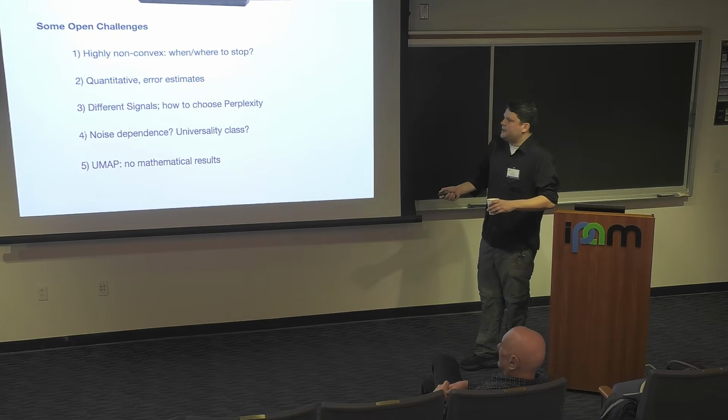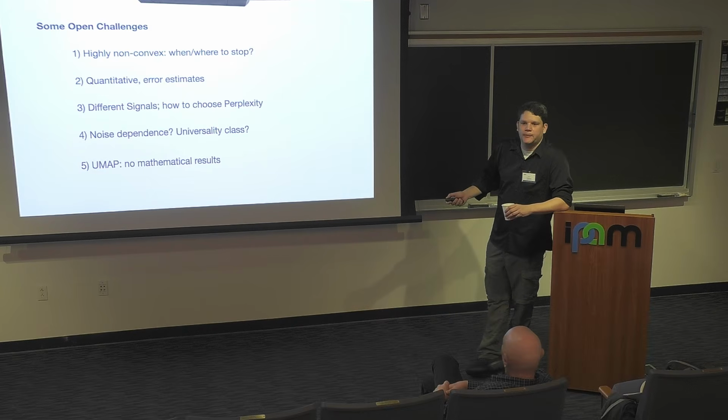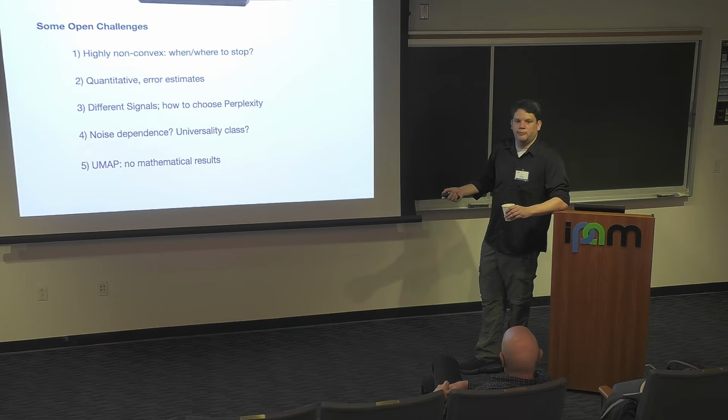The solutions that I showed you are actually noise dependent. If you change the distribution of your noise of your input from Gaussian to something else, that will change the variational problem. I assume that the solution of the variational problem will be different. How different? That's another question.